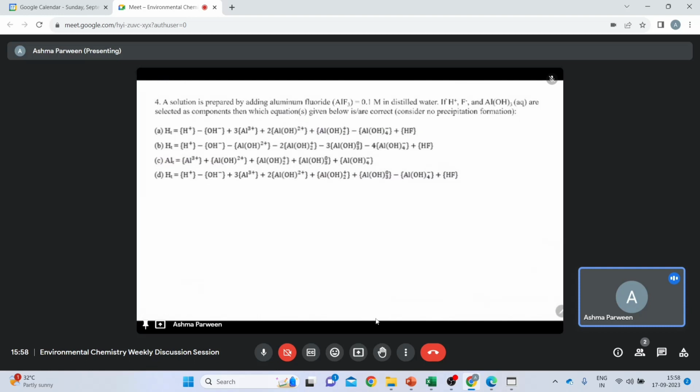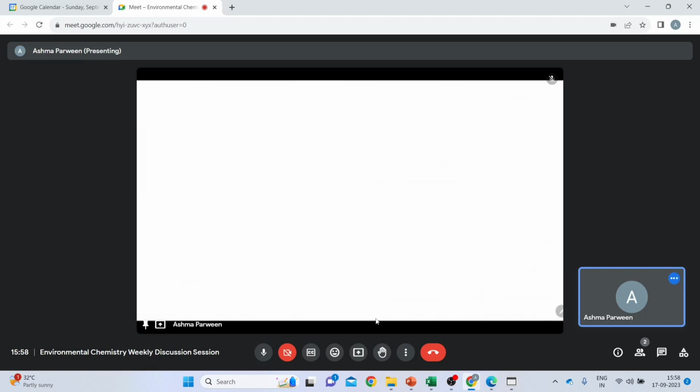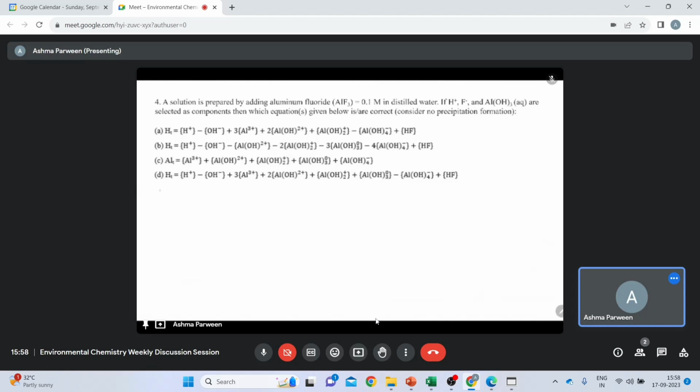So we have the question here. First, let's write down what the species and components in this system are. Actually, the components are already mentioned in the question, so let's write what the species are.